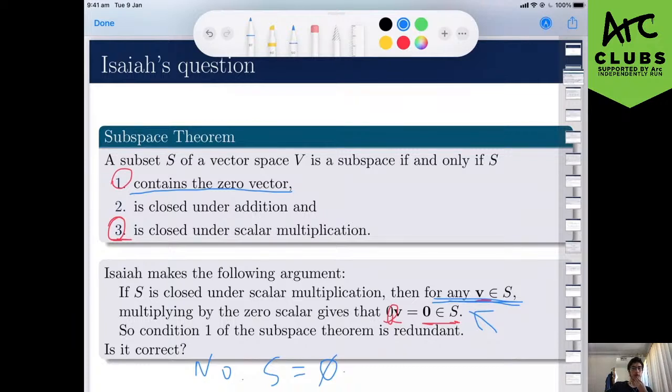So does it depend on how you define scalar multiplication? I think it's either a vector space axiom, or something that can be proven from the vector space axioms, that this holds for any vector in V. I don't remember which. I don't think anyone remembers the vector space axioms.